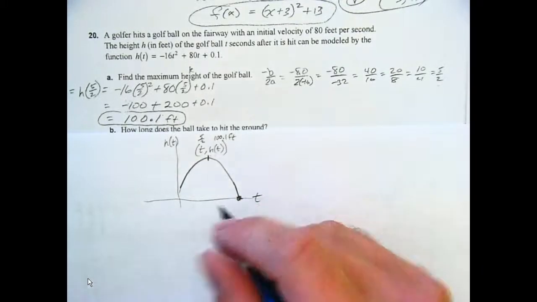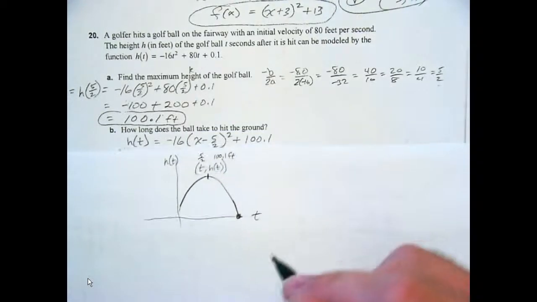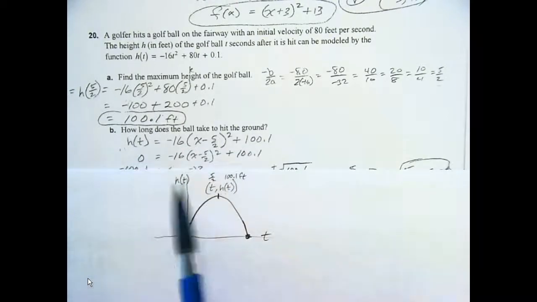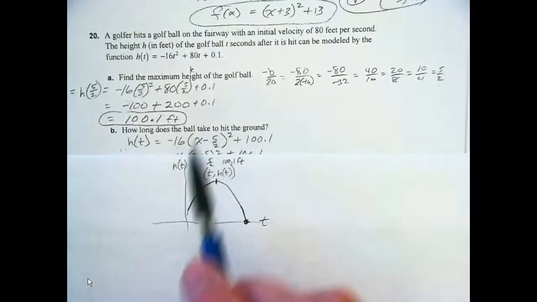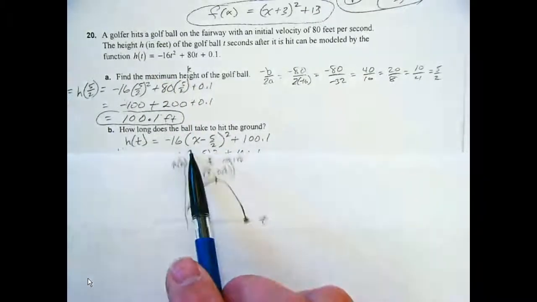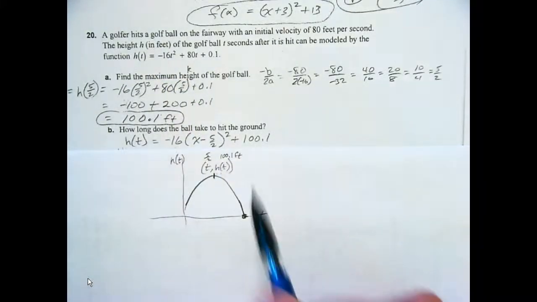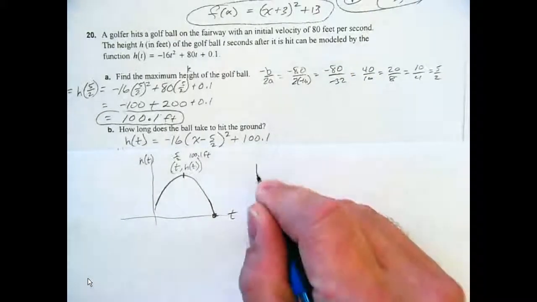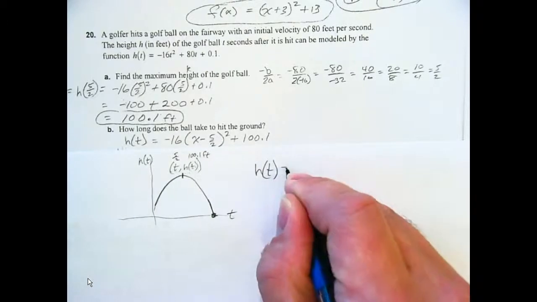All right, so we go through and we solve our function to find our x-intercepts. We plug 0 in for h of t. Now you'll notice my function changed here. I didn't use the one they used up here, but you could have. I already had it in vertex form. I got vertex form by using the coordinates of my vertex. So using those coordinates, I said, well, I'm just going to use vertex form.